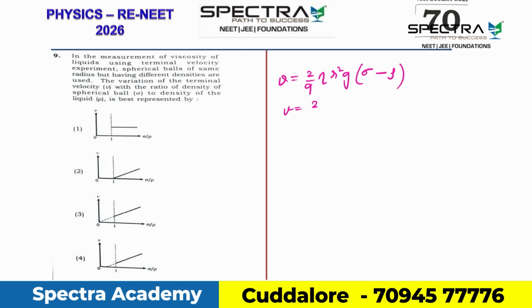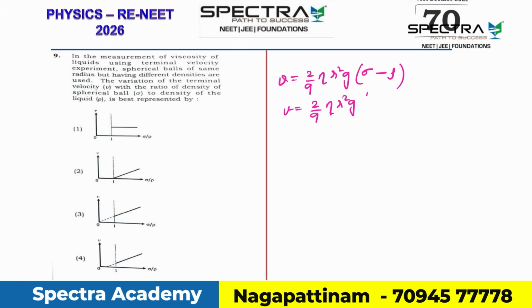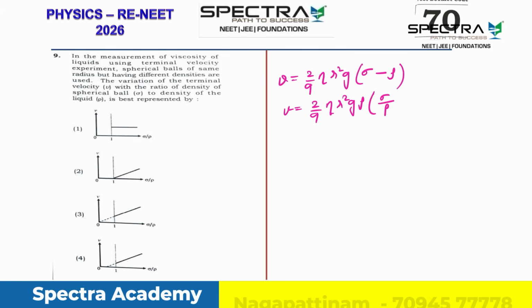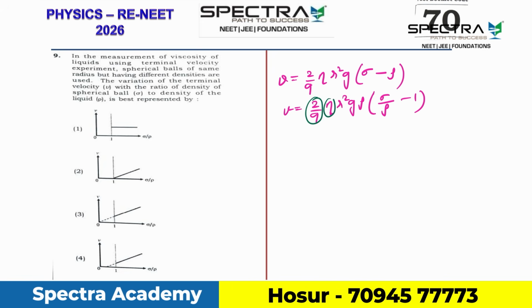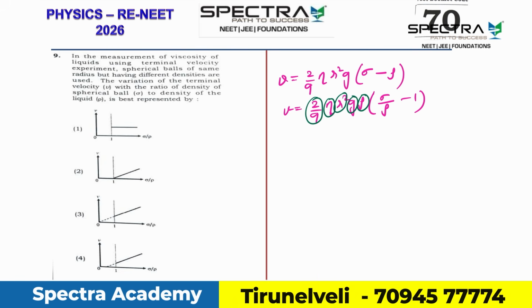So V is equal to 2 by 9 eta r square g into, taking the density of the liquid outside, sigma by rho minus 1. It is very clear that 2 by 9 is constant, coefficient of viscosity constant, radius of the ball constant, g constant, density of the liquid constant.